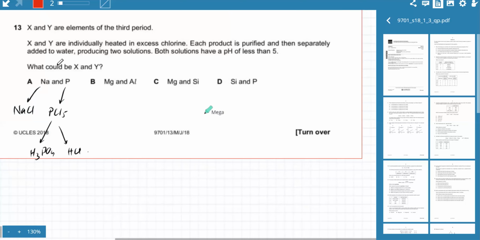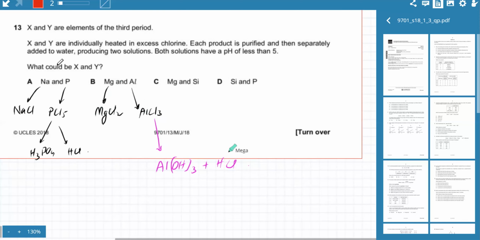This one, MgCl2 and AlCl3. Now, AlCl3 has a strong hydrolysis. It reacts vigorously with water and forms a precipitate of aluminium hydroxide, and at the same time, it produces HCl. So there is strong hydrolysis, and the pH would be very much less than 5.